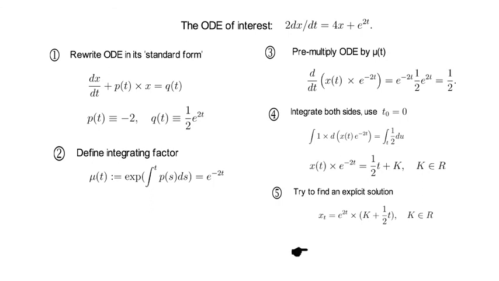Now notice, if there was an initial value given for x0, the previous family of solutions, because k can be any real constant, would then boil down to one unique solution, namely e to the 2t times 1/2 times t plus the initial value x0.